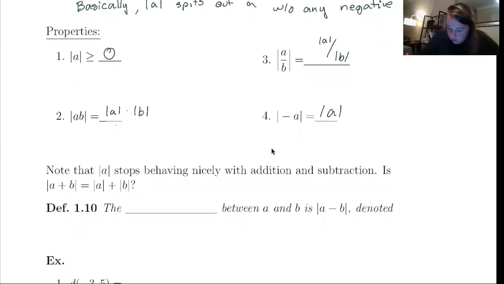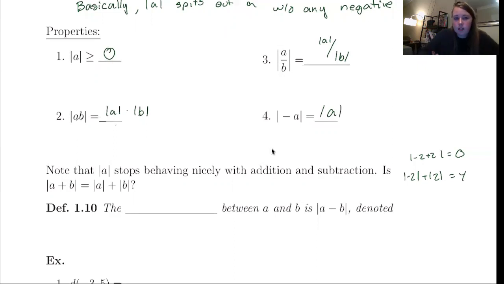If it was -2 plus 2, well, that equals 0. And then the absolute value of -2 plus the absolute value of 2 would be 4. 0 is not 4. Okay. So a lot of functions don't actually behave nicely with addition, which is kind of sad.